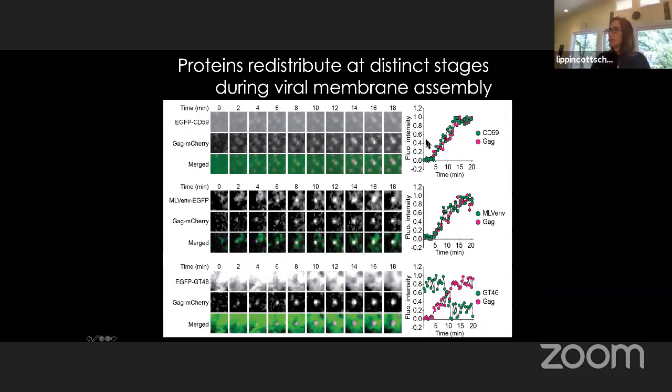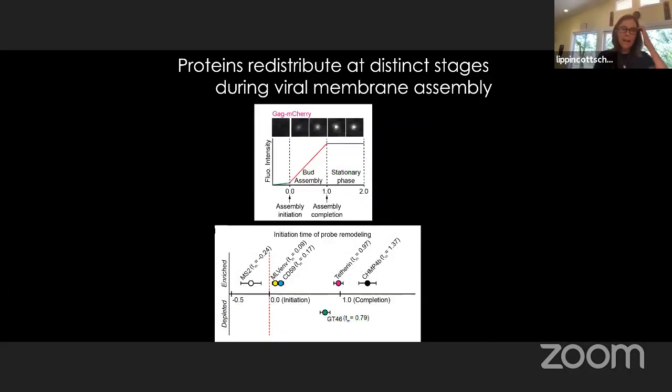And you can see the time course of this process. In fact, if we map out the rate at which proteins are being included versus depleted from the viral particle, you can see that different proteins are going into the particle site versus going out of that particle site at different times during the bud assembly.